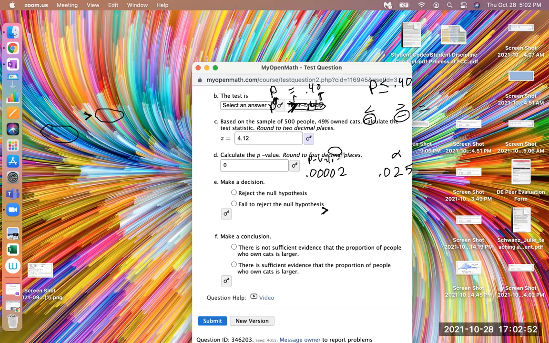So what conclusion are we going to make? We have to make a decision. Are we going to reject the null hypothesis? Yes, exactly. We're going to reject the null hypothesis because if the p-value is low, then the null hypothesis must go. And you might ask, well, what is low? Low is lower than alpha. So is it lower than alpha?